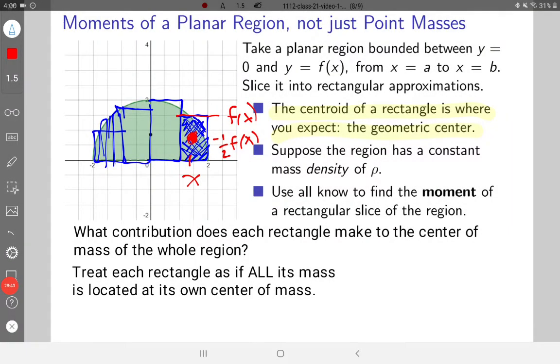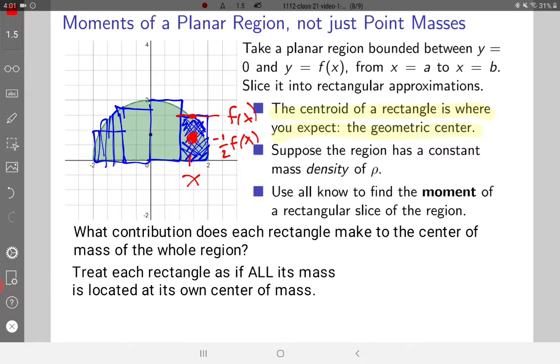So we're going to assume that the rectangle is located at some arbitrary x coordinate, where x is between the a and the b boundaries that we've established earlier. And we're going to say that the height of the rectangle is based on the function value of f at that x coordinate. Again, that's not a perfect estimate based on what I've drawn here, but in the limit, as these rectangles get thinner and thinner, that's going to be a closer and closer approximation.